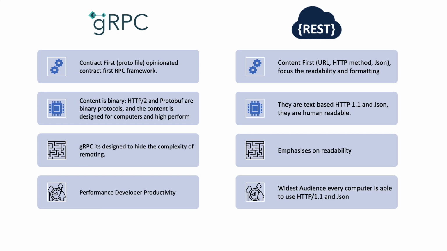So you can see the difference between gRPC and REST. gRPC is high performant, it's very fast, it utilizes binary to send the content between the client and the service.